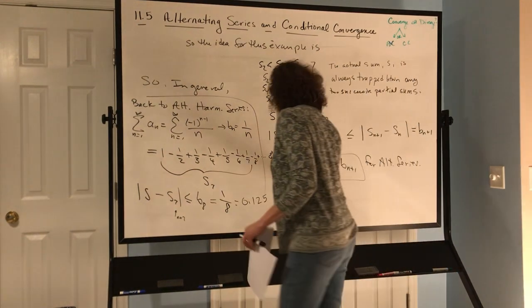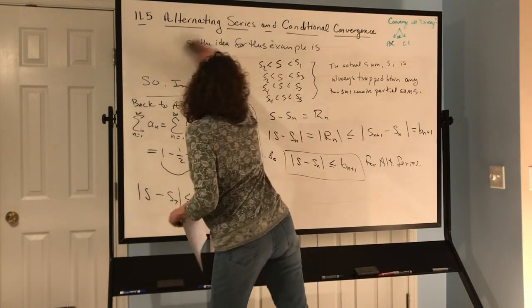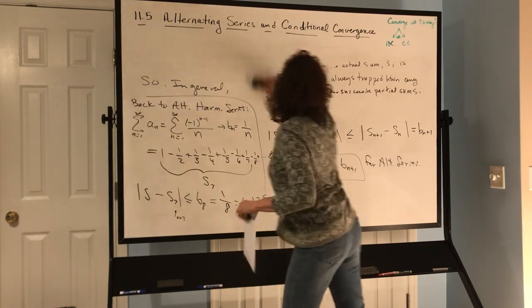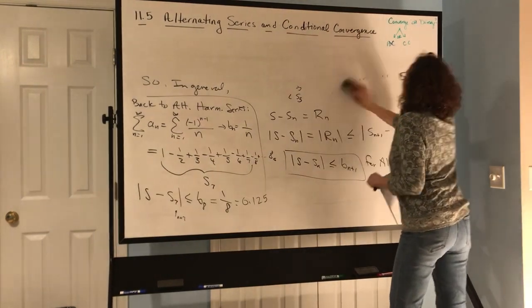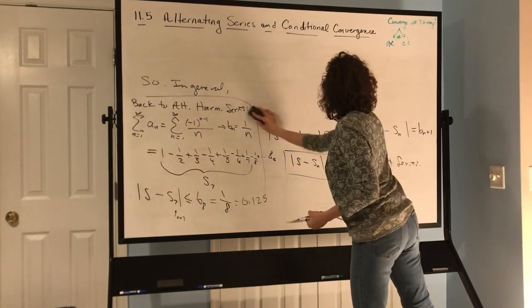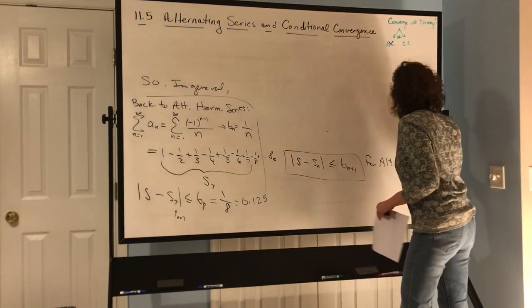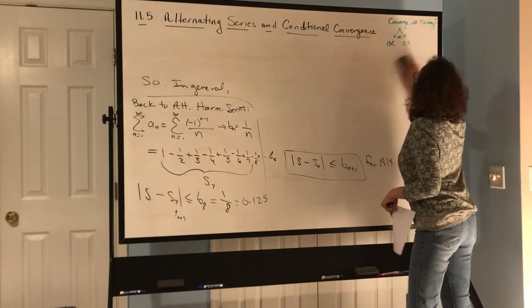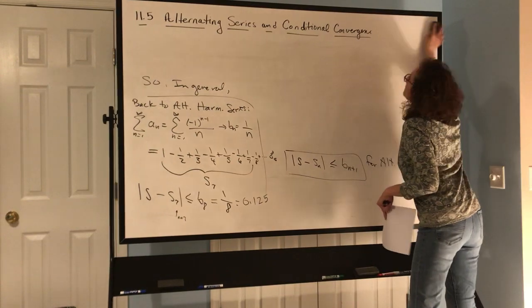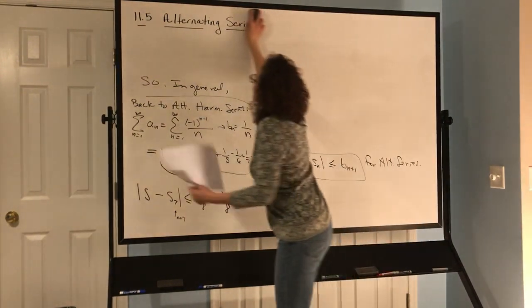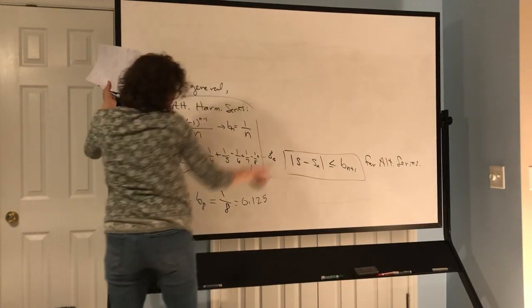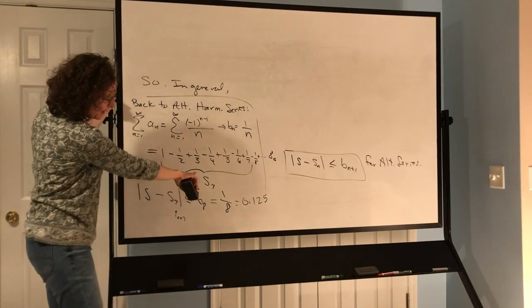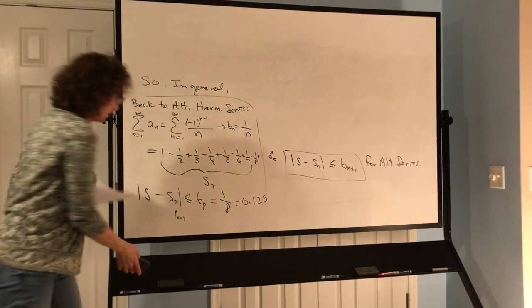And that's pretty simple, right? So how else do we use this? In the same way that we used other error bounds, we use it to help us know how many terms we need to add up in order to guarantee a certain error tolerance.